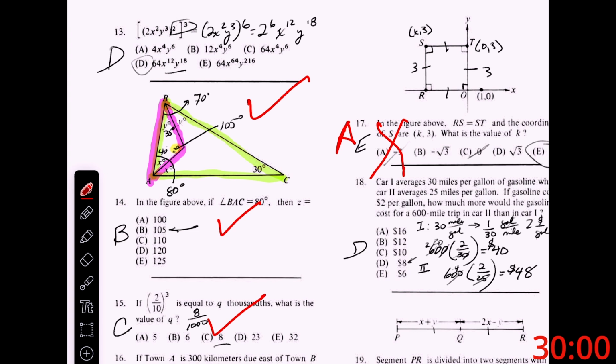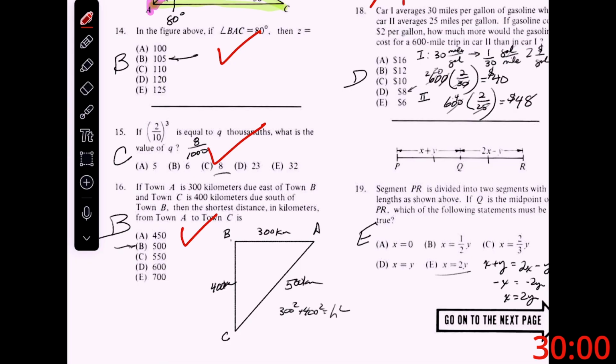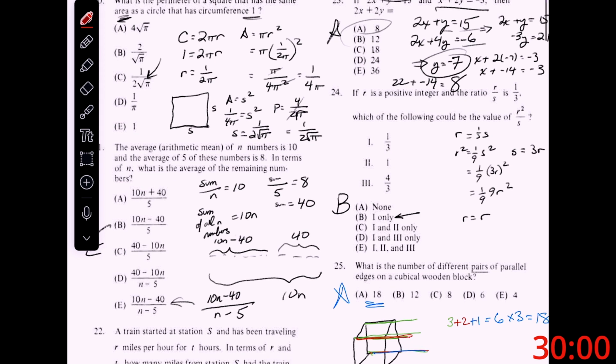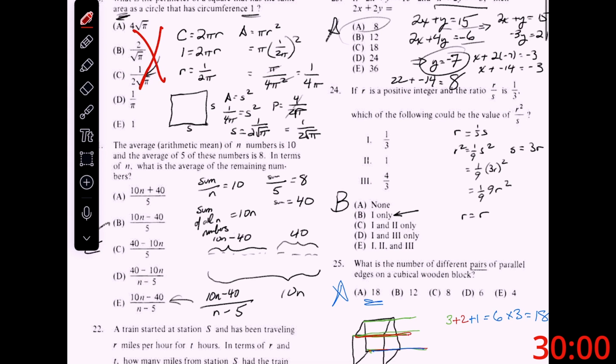How can the value of K be -3? 17 is A, it says. Oh no. All right, 18 is D, 19 is E, so that's 1, that's 2. 20, did I write the answer to 20? Answer to 20 is B. I got that one wrong.